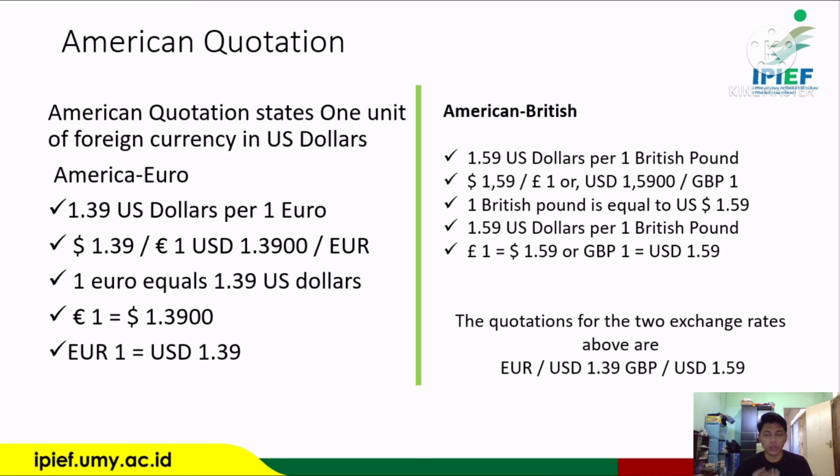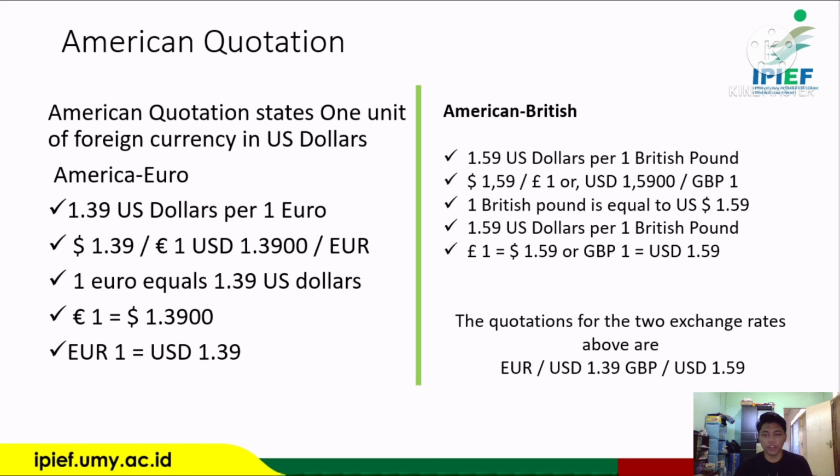Another example is from America and Britain. As we know, the British use the pound as currency. So one British pound is equal to 1.59 US dollar, which can be interpreted that 1 pound sterling is equal to 1.59 US dollar.